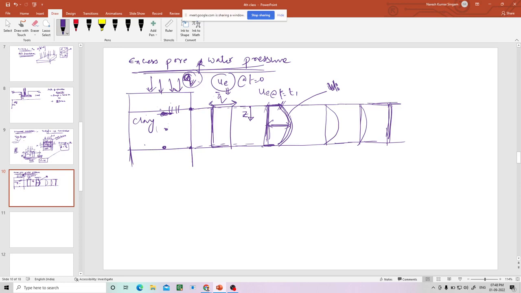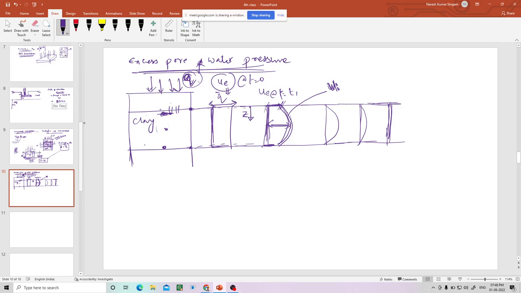You can follow any standard book, as I told you, the book by Gopal Ranjan or the book by Arora. You will get the total derivation. That derivation I cannot explain in the class, but the final differential equation I can write for you.